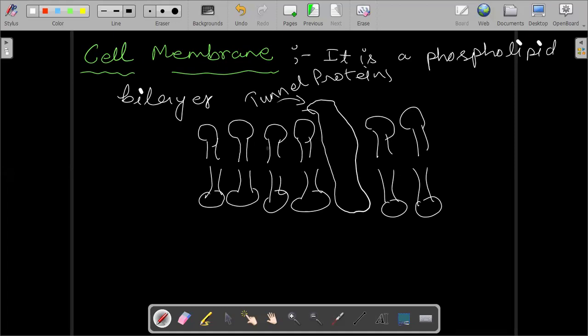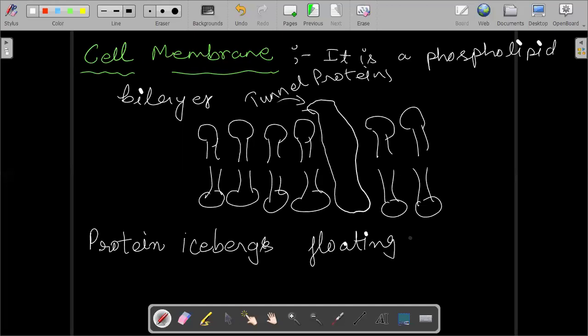Another thing was given about this structure of the cell membrane, that it was protein icebergs. The structure is described something like this. It says protein icebergs floating in a sea of lipids.